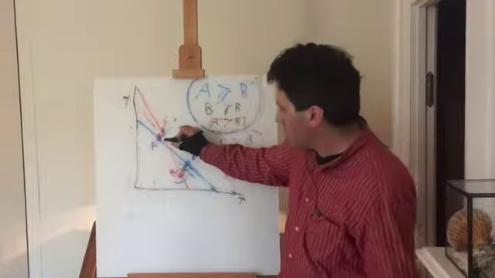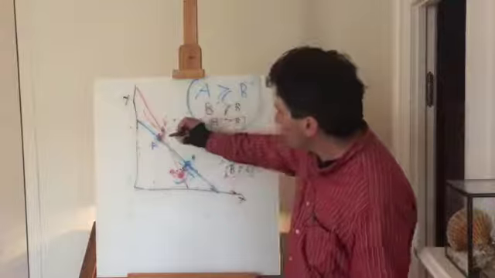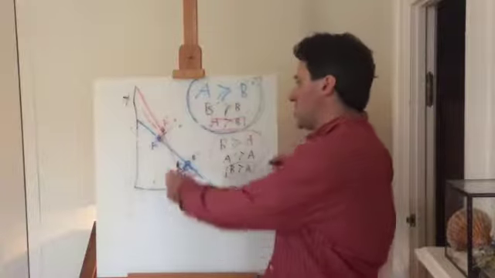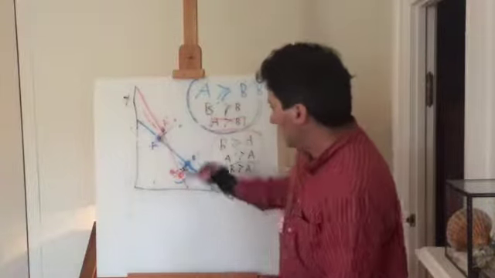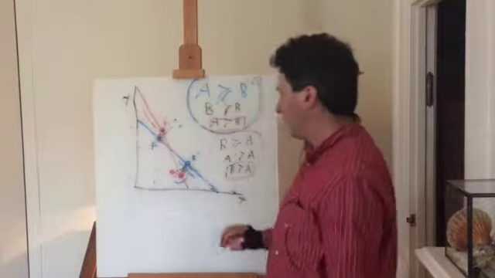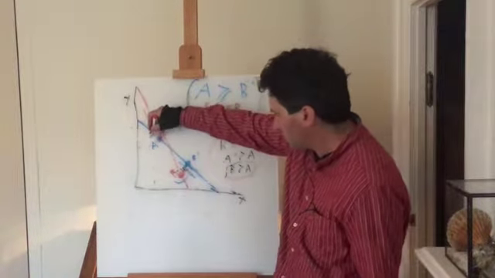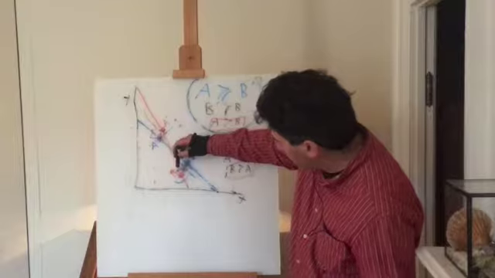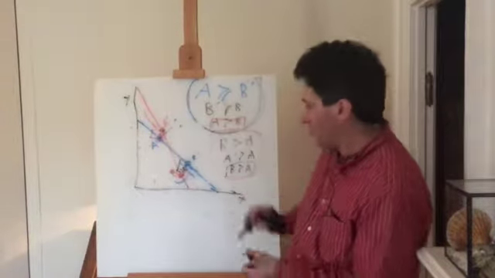Another way of thinking about it could be, if they had made that reversal, they chose A under the red budget set, they actually could have consumed, let's think how much more of, let's say, one of the goods. They could have consumed this amount more of that good, and if they had chosen B under the blue budget set, they could have consumed this amount more.